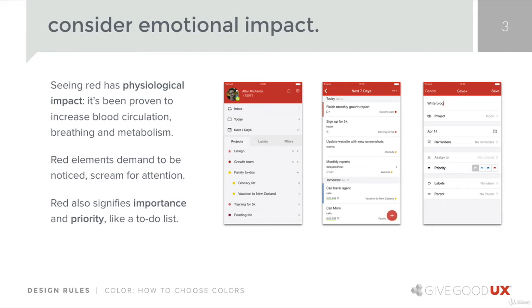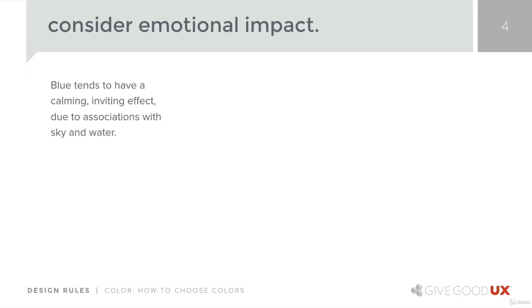And on the left, next to growth team, next to reading list, in the middle, next 7 days, finish monthly growth report. See that little red bar at the side? It's not very big. It's not taking up a whole lot of screen real estate, but it's enough to drag your eye over there and say, hey, look at me, pay attention to me. That's importance, that's priority.